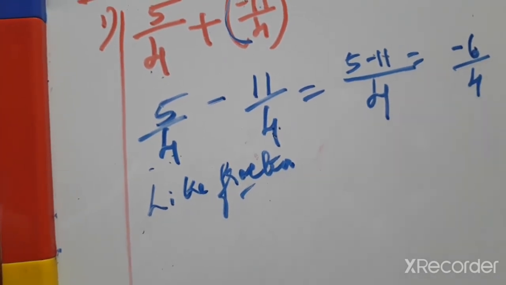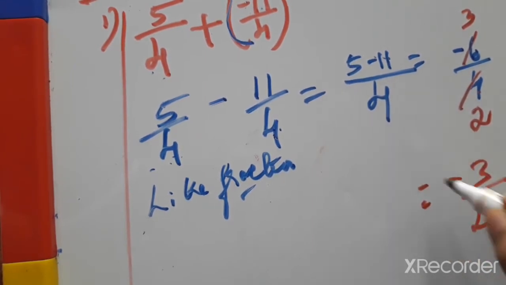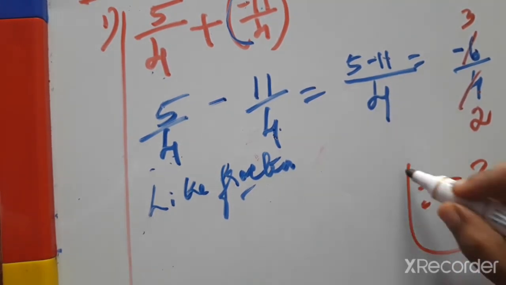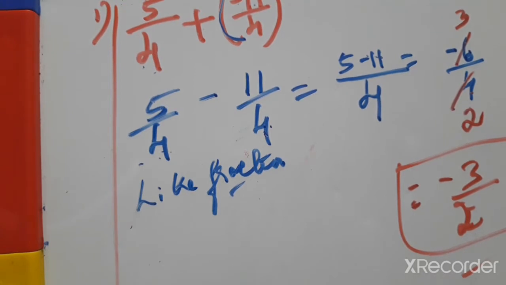Now here we can simplify 6 by 4, children. Both 6 and 4 are in the table of 2: 2 twos are 4, 2 threes are 6. Both are divided by the same number. So the answer is minus 3 by 2. Minus 3 by 2 is the answer.